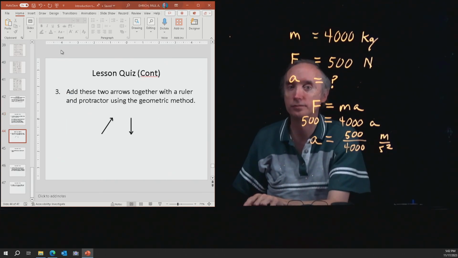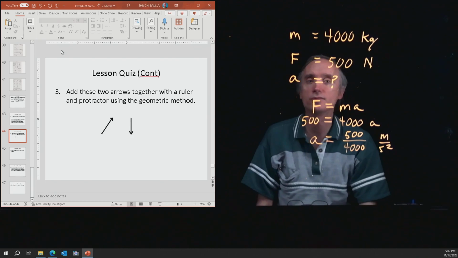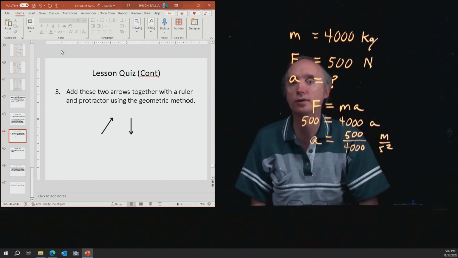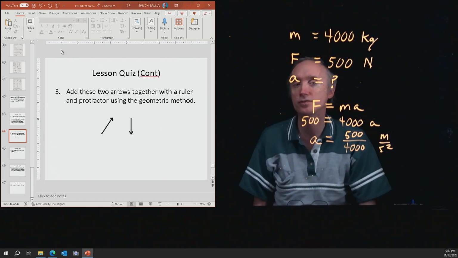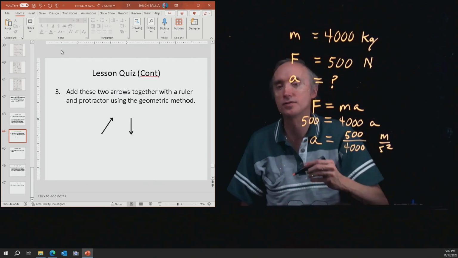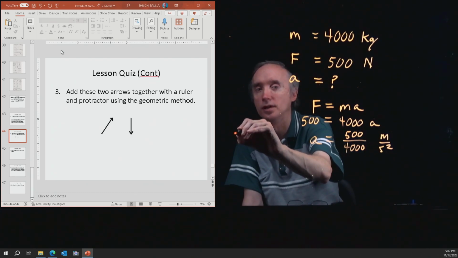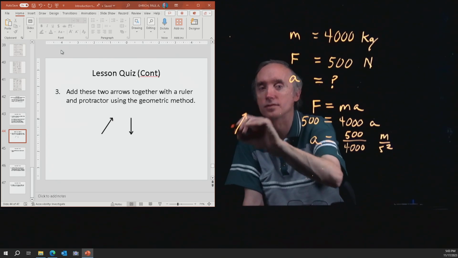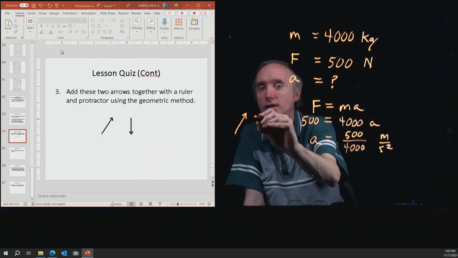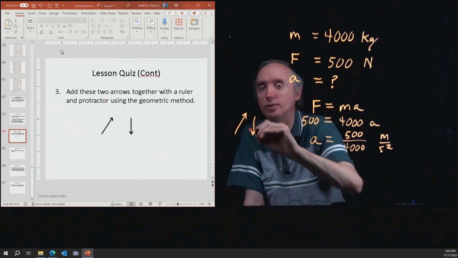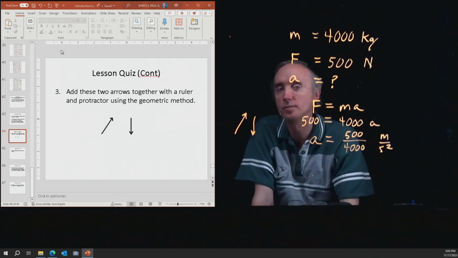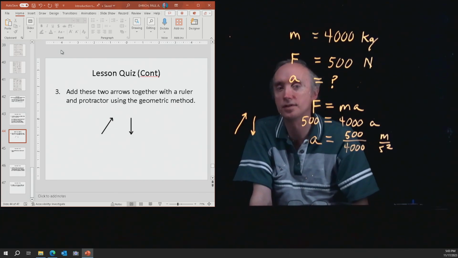Question number 3. Add these two arrows together with a ruler and protractor using the geometric method. So we're going to have an arrow that looks like this, and then another arrow that looks like this. We're going to put them together head to tail.